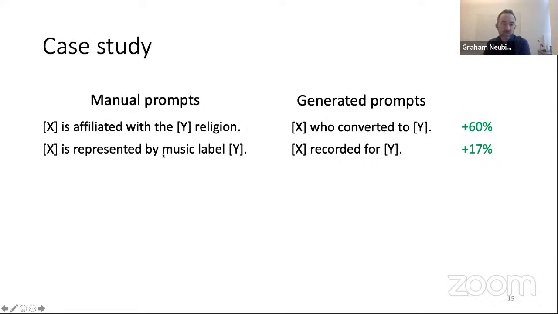Also, X is represented by music label Y. Also very literal, very close to the actual relation that you're trying to capture. But X recorded for Y gave significantly better results. So what you can see is it's kind of moving away from exactly the wording of the relation towards something that's more colloquial, more concise, and more likely to appear in the training data.